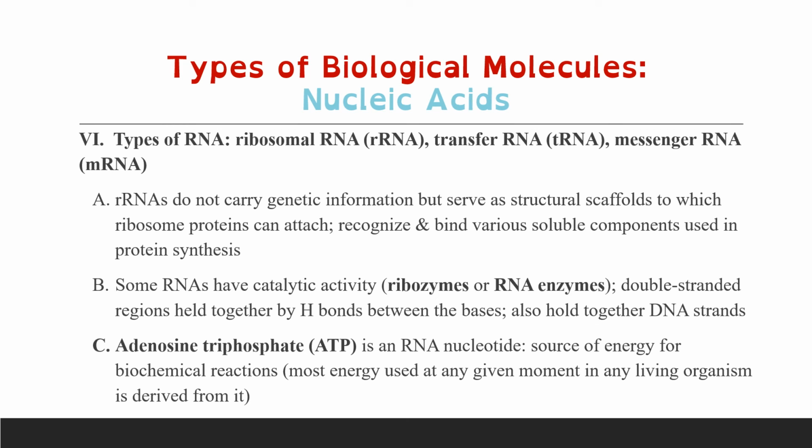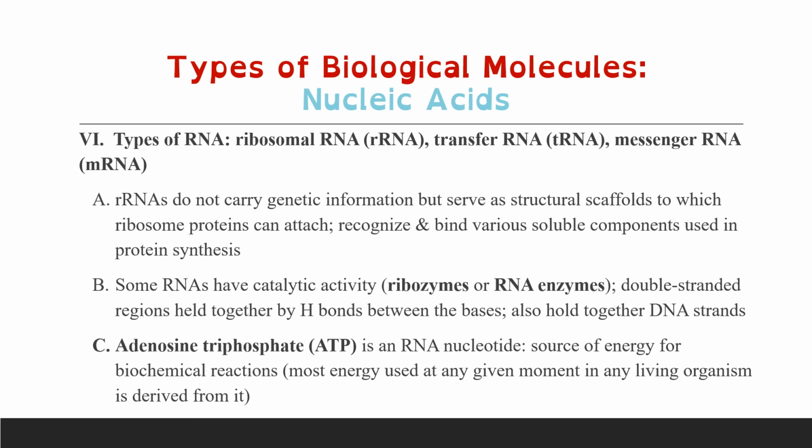Types of RNA include ribosomal RNA, transfer RNA, and messenger RNA. rRNAs do not carry genetic information but serve as structural scaffolds to which ribosome proteins can attach. They recognize and bind various soluble components used in protein synthesis. Some RNAs have catalytic activity, for example, the ribozymes or RNA enzymes.